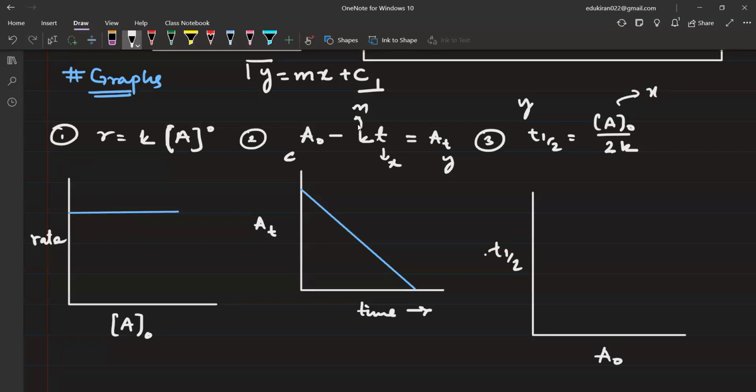It has some slope, and that slope is positive, but you don't have any intercept. If you don't have any intercept, it will pass through the origin like this. In this case, the slope m is equal to 1 upon 2k. In the earlier case, the slope m is equal to minus k. Here you don't have any slope. Please write this down. Let me know once you're done.